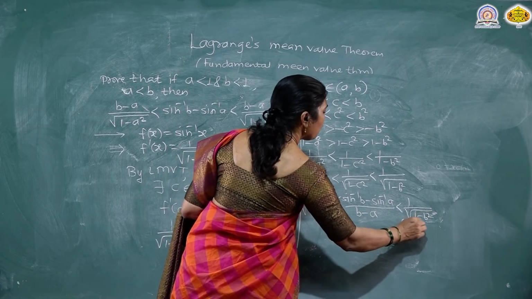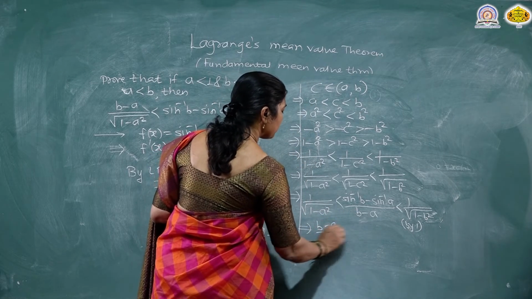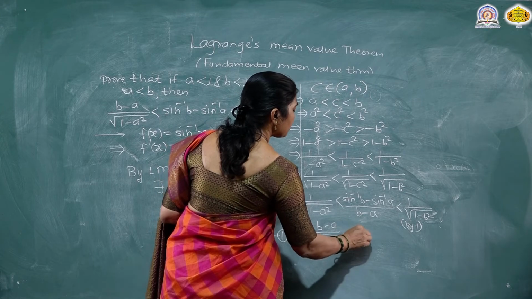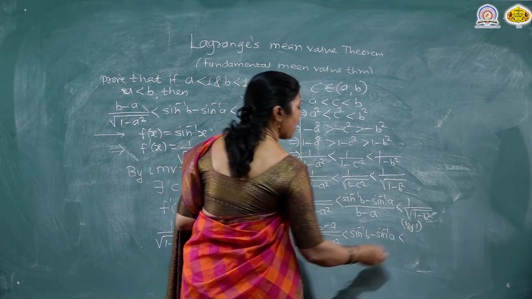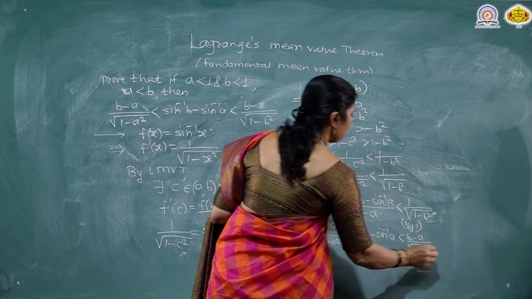This we get by (1). And therefore cross multiplying we get (b minus a) upon root of (1 minus a square) is less than sin inverse b minus sin inverse a, which is less than (b minus a) upon root of (1 minus b square).